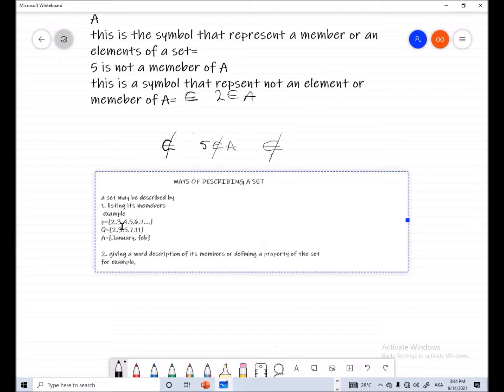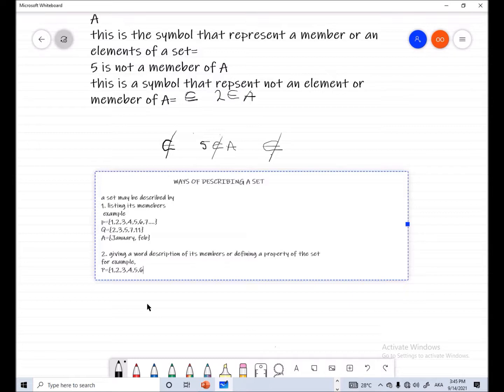So now let's do this description. What do you think will be the description of 2, 3, 4, 5? Let me bring one here. Let's look at set P, at example 1. Let me write it. P equals 1, 2, 3, 4, 5, 6.